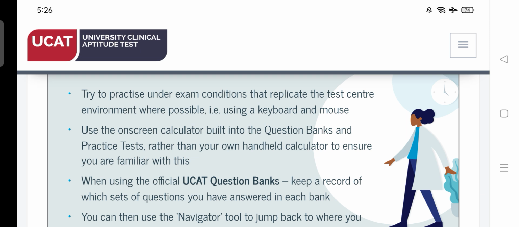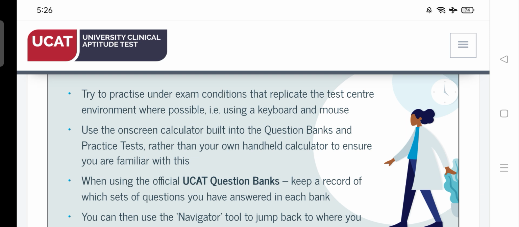Use the on-screen calculator built into the question banks and practice tests rather than your own handheld calculator to ensure you are familiar with this.